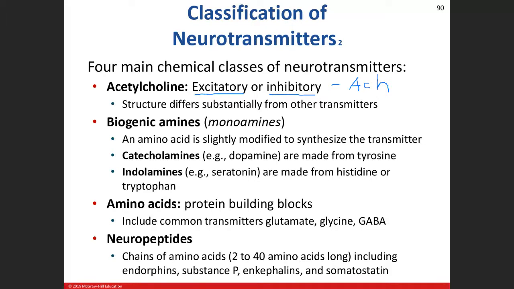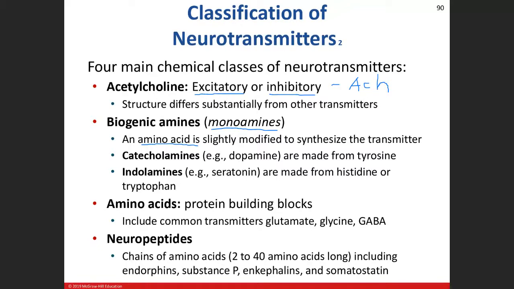The next class is what we call the biogenic amines or the monoamines. We have a classification of drugs that helps to block the synthesis of this type of neurotransmitter, called MAO blockers. We call them the biogenic amines. These are amino acids that get slightly modified.